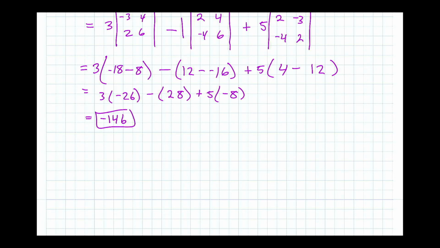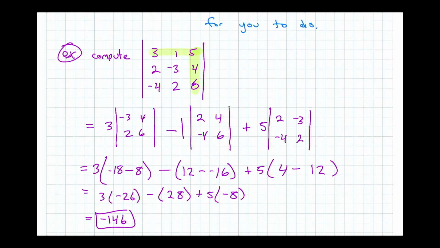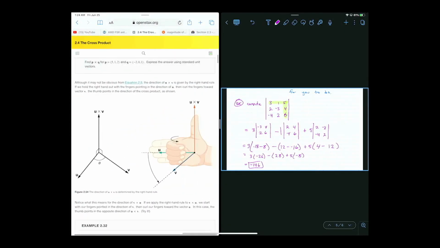Okay. Now, just note here, Wolfram Alpha can do these. They're just a little bit tedious to type in. It can do determinants and cross products for that matter. So if I take these over to Wolfram Alpha, try this.